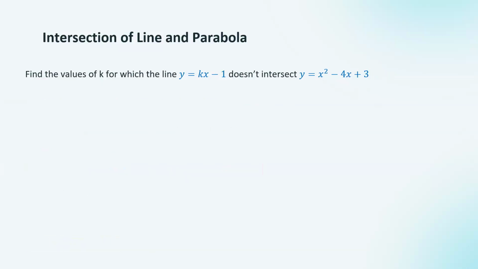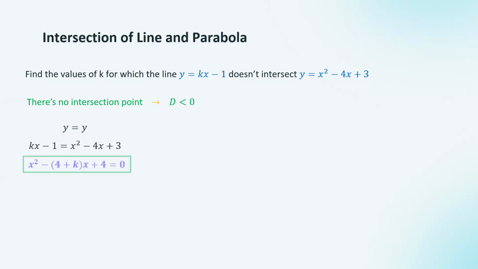Now, the next example is going to be very similar. It's just that we need to find k such that the line doesn't intersect the parabolic curve. We need to remember what it means to not intersect. If there's no intersection point, that means the discriminant is going to be negative. We do this in a similar manner. First, we equate both y's, and we get ourselves a quadratic equation.